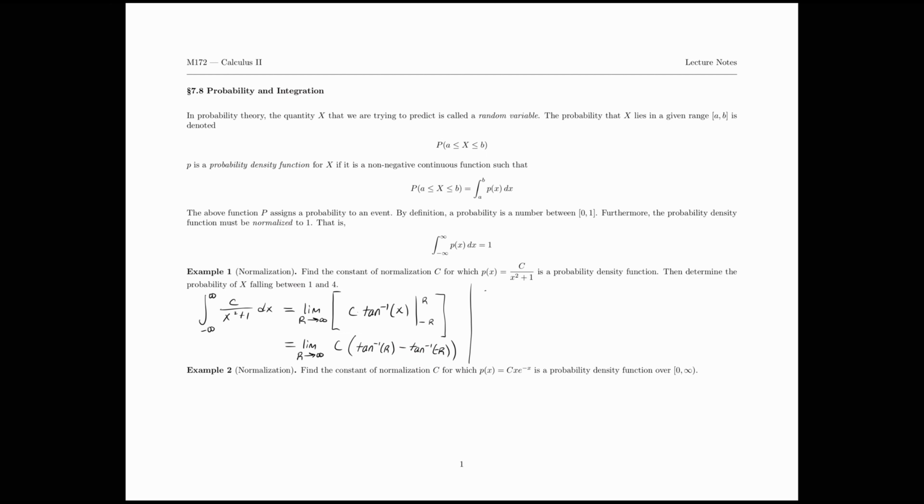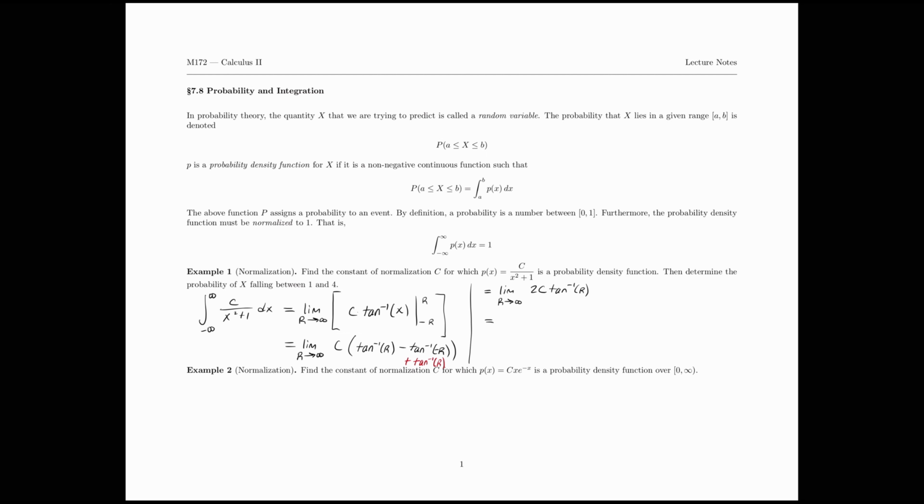So using the fact that inverse tangent is odd, I can write this as plus tan inverse of positive r. So I really have two copies of that. So this would become 2c inverse tangent of r.